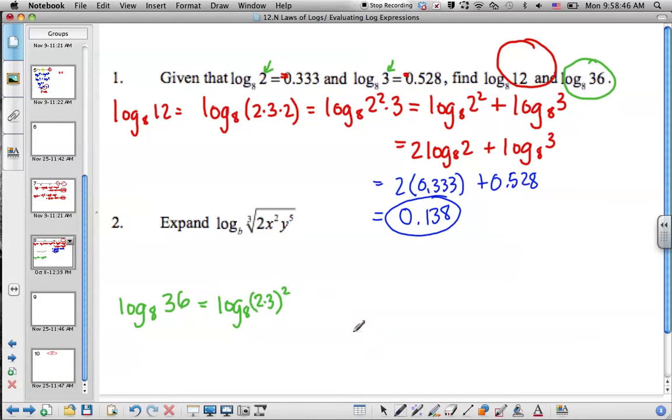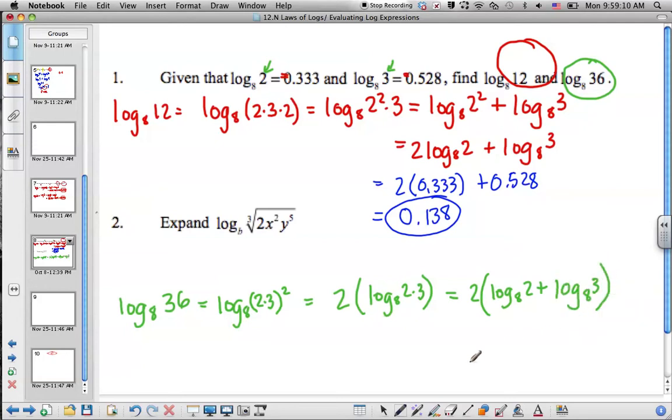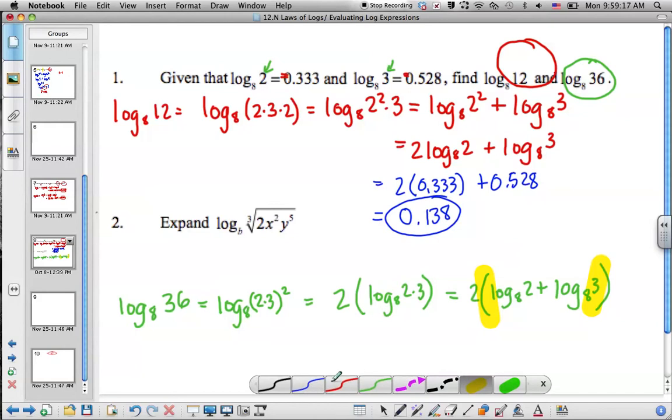So I could say that this is the same thing as 2 parentheses log base 8 of 2 times 3, which is the same thing as 2 in parentheses log base 8 of 2 plus log base 8 of 3. And notice that I keep these in parentheses since my value of 2 times 3, which is 6, has to be squared. So keep track of that.